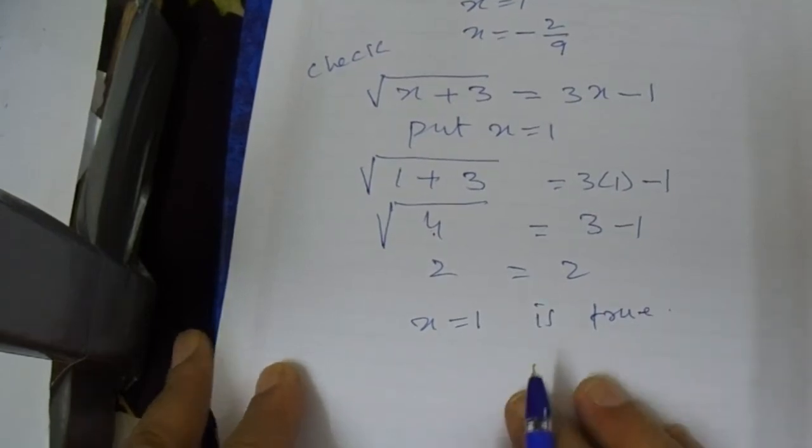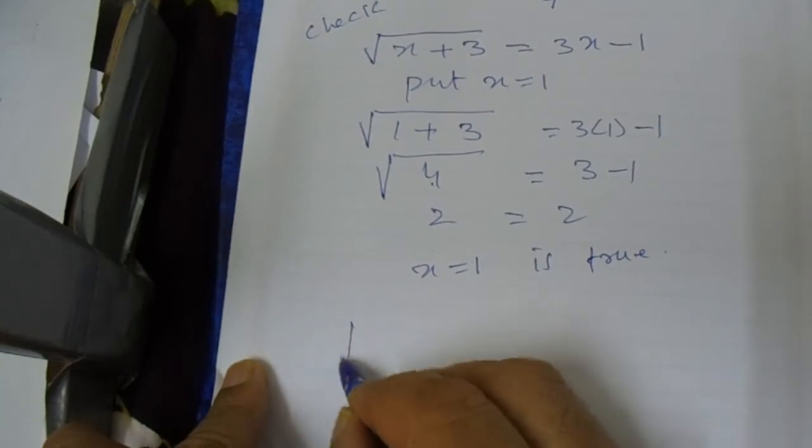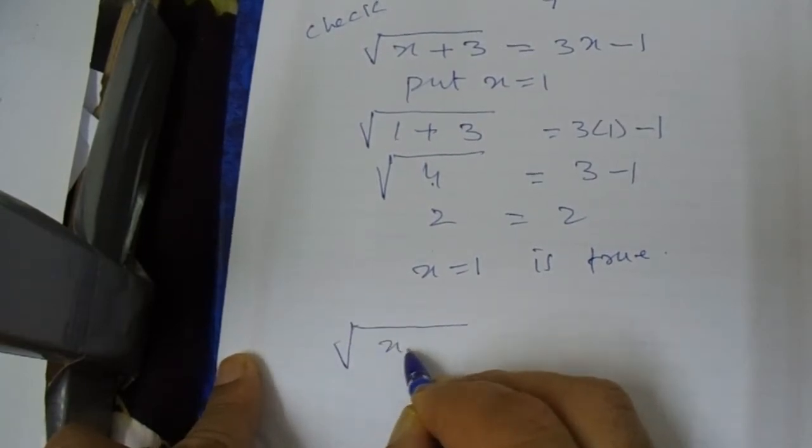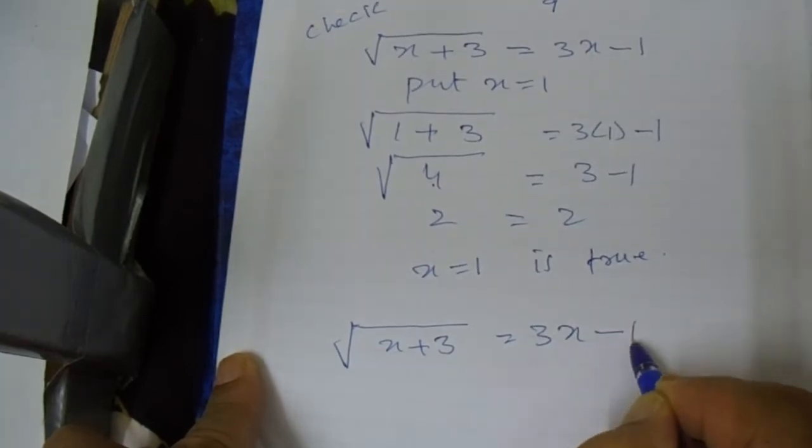True root. Now we put x is equal to minus 2 over 9. Write again the original equation: x plus 3 is equal to 3x minus 1.